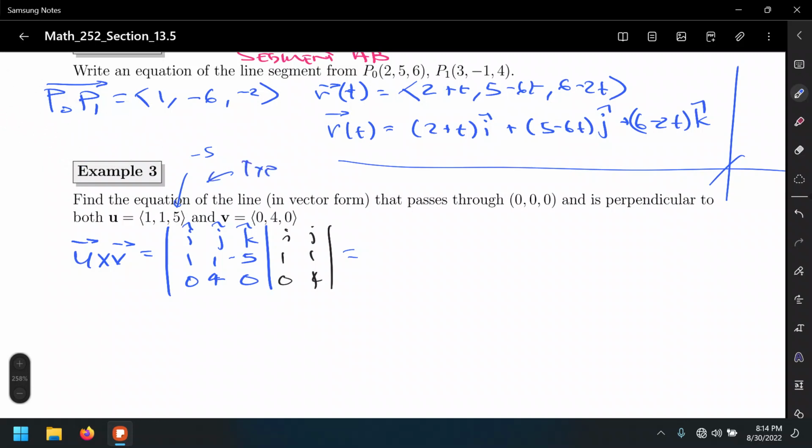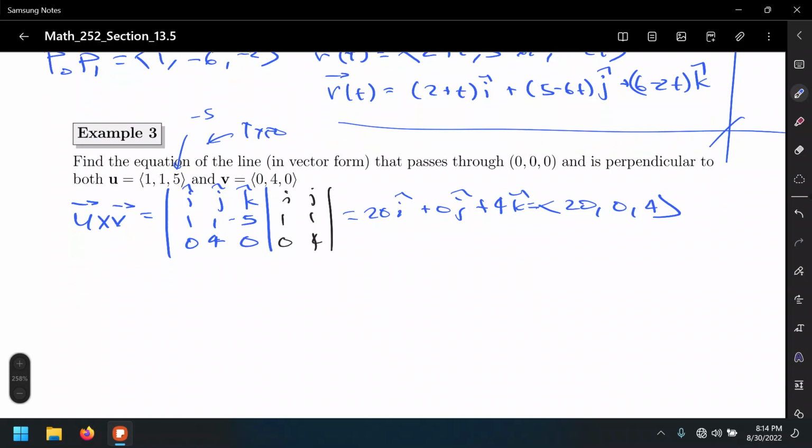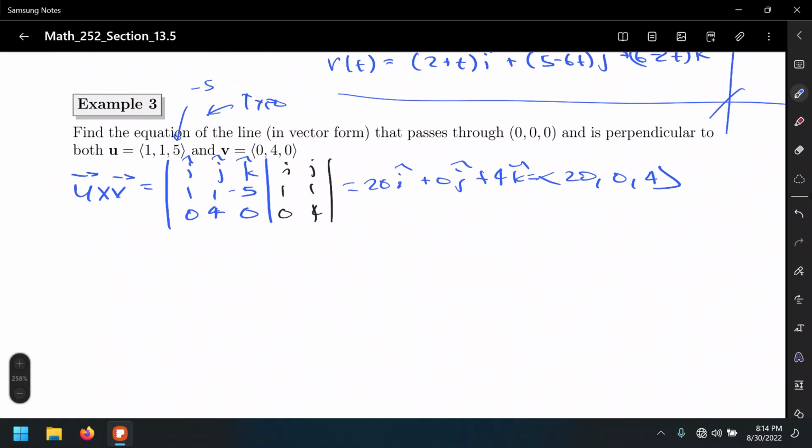So, typo. So 20i plus 0j, that's fine. And that's 20, 0, 4. Okay. So there's something very particular about the vector that we obtain. The thing here is that we can write this in multiple forms.